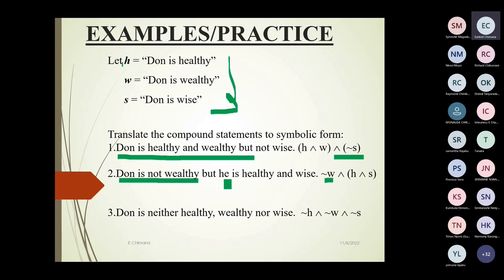So you put an and, and this relationship is healthy and wise, which means H and S. Tony is neither healthy, wealthy, nor wise, which means it is the negation of all the three simple statements, and then use an and operator to join them, and then form this.